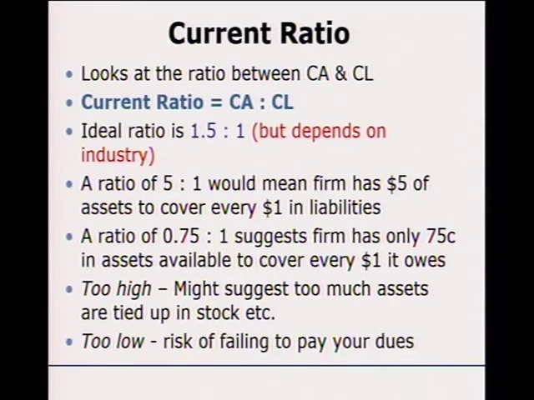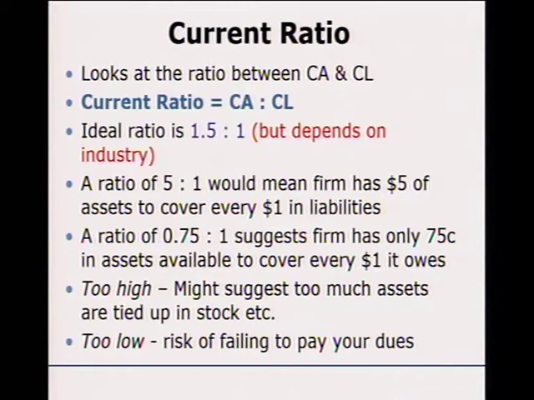The current ratio wants us to focus on two sections of the balance sheet: the current asset section and the current liabilities section. And the formula or the ratio itself is simply current assets is to current liabilities. Wait, what does that mean?